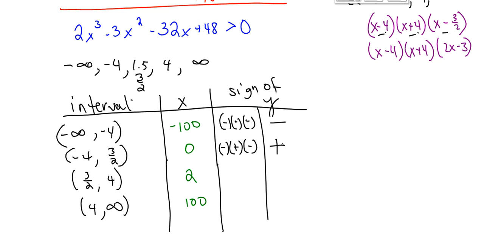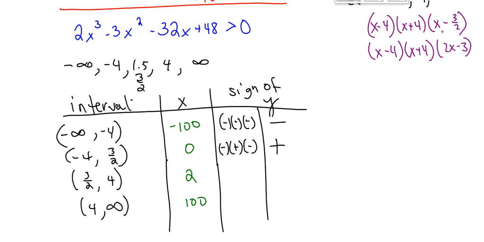I'm getting to have kind of a lot of stuff there, so let me get rid of some of these black markings. And then if I put in positive 2, for that one, I'll get negative, positive, and 2 minus 1.5 is positive.